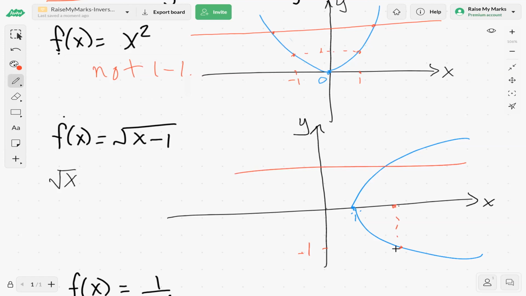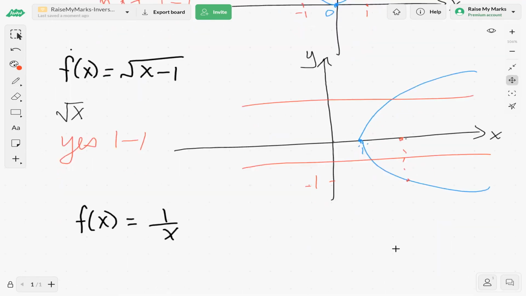If we draw a horizontal line anywhere in the graph, we should only intersect the graph one time in order for the function to be one-to-one. In this case, anywhere we draw a horizontal line, it will cut our blue curve at one point. So yes, our function is one-to-one.